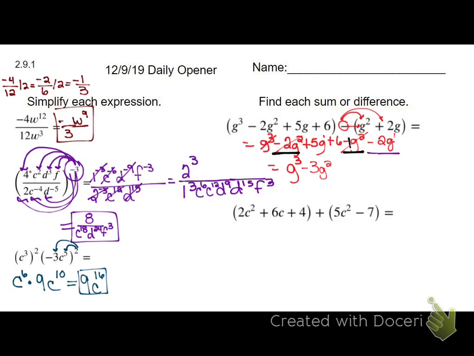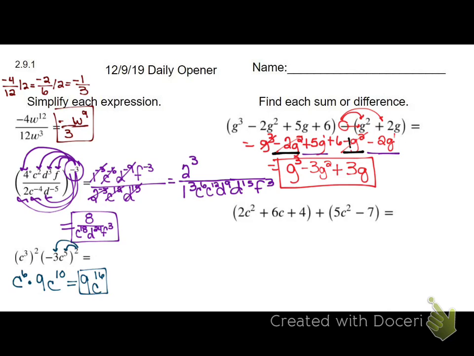I mean, really picky. Positive. There we go. That's what I want. So we have positive 5g minus 2g. Combine your like terms. What do you end up with? 5 minus 2? 3. So positive 3g. Okay. That's my final answer.